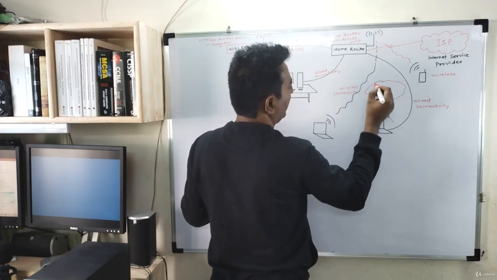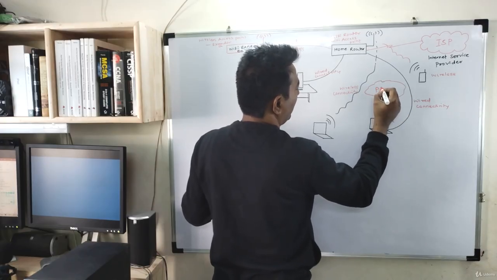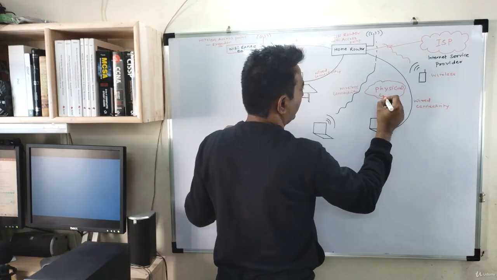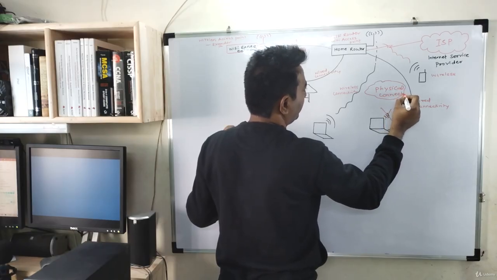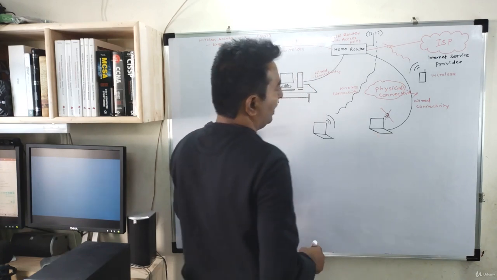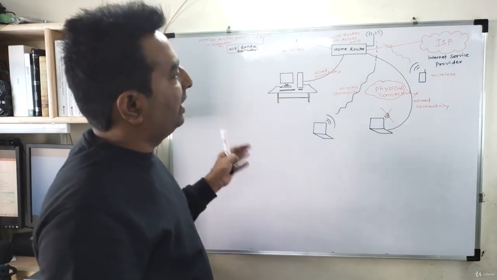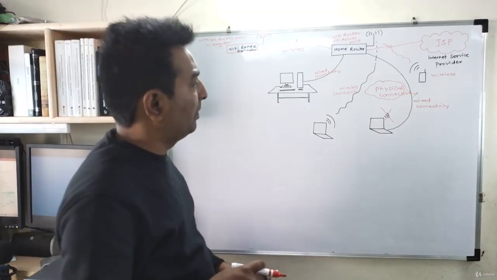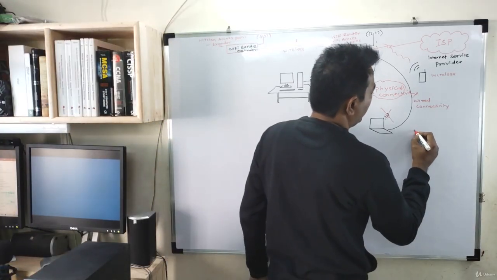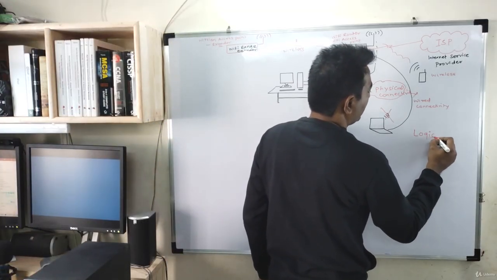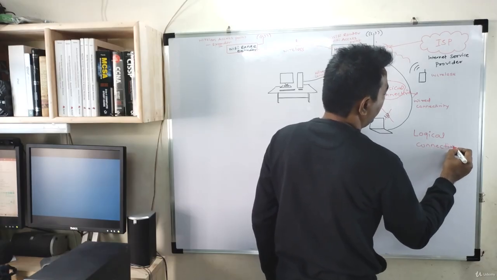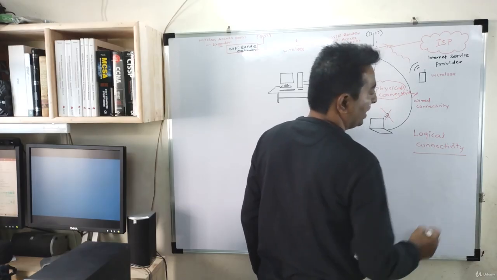All these connections that I have shown depict the physical connectivity. Just by connecting these devices to each other doesn't mean that your network is going to perform. For that, you need to build logical connectivity as well.